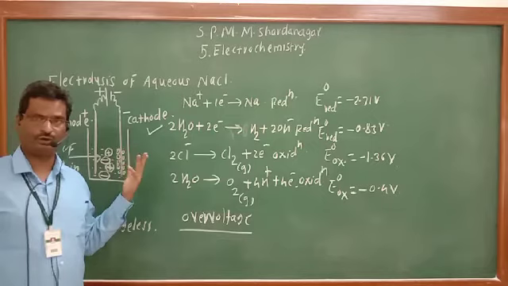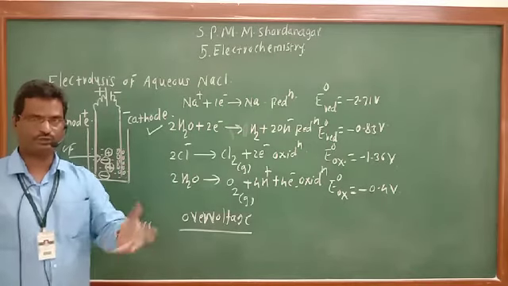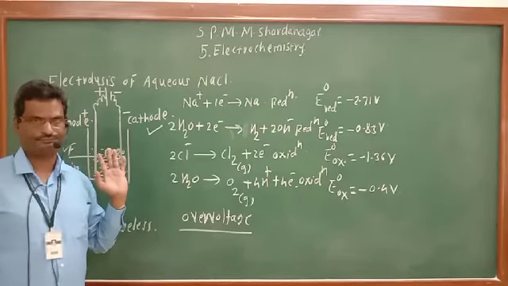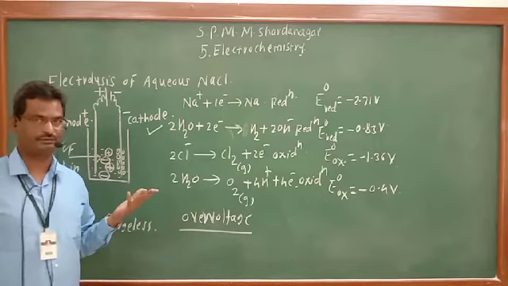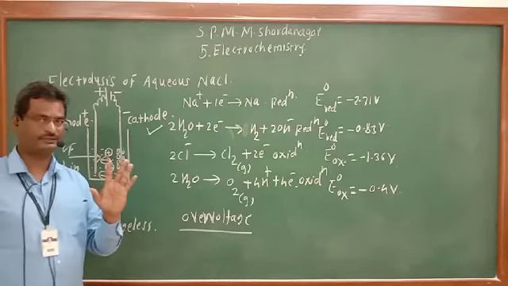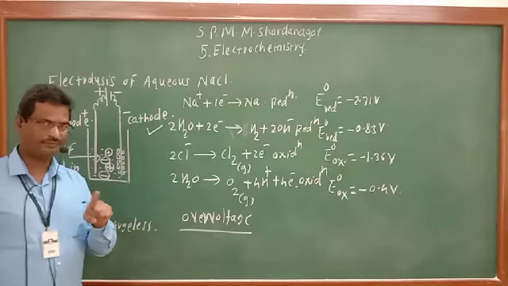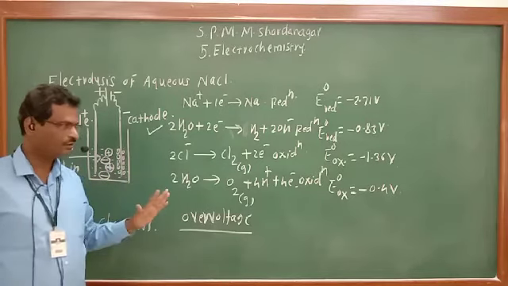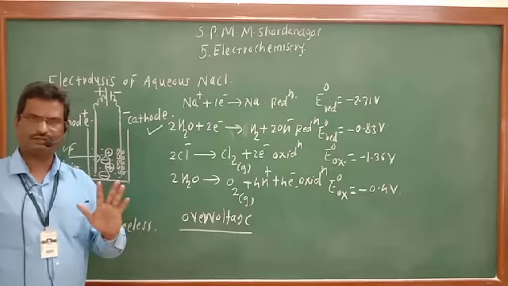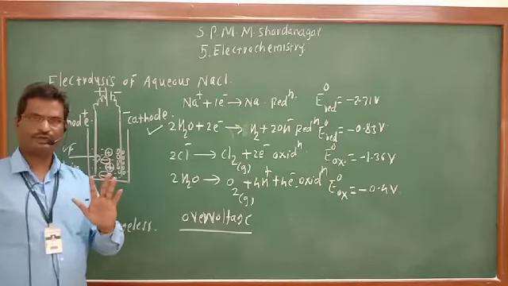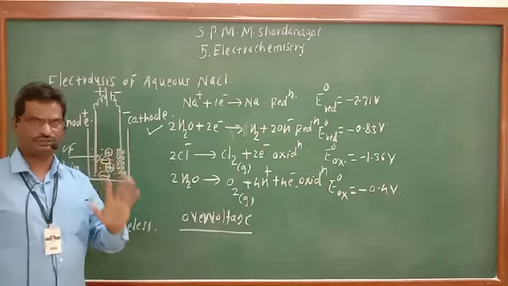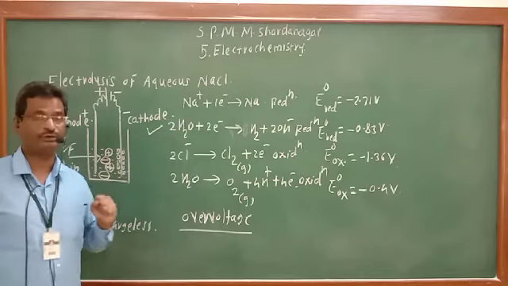To explain the overvoltage is beyond the scope of our syllabus. What is meant by overvoltage was there in the old syllabus, but it is not included in our syllabus.